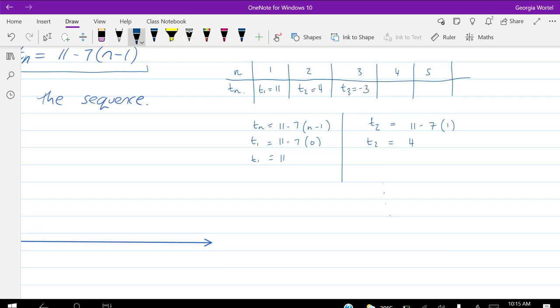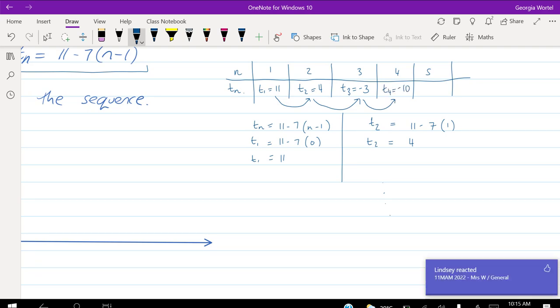The other thing we can do here is start recognizing how many it's going down by. Going down by 7, going down by 7. So now we can kind of just take 7 off each time. Negative 17. So we have a table of values.